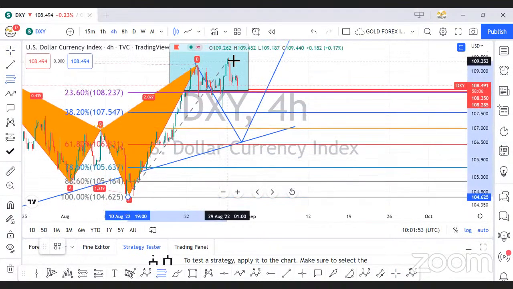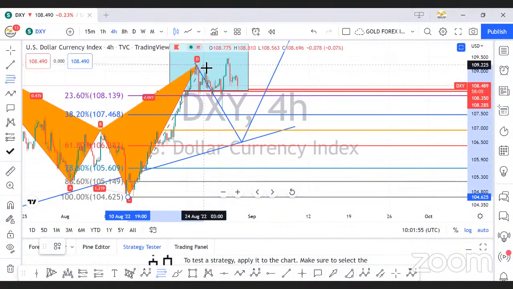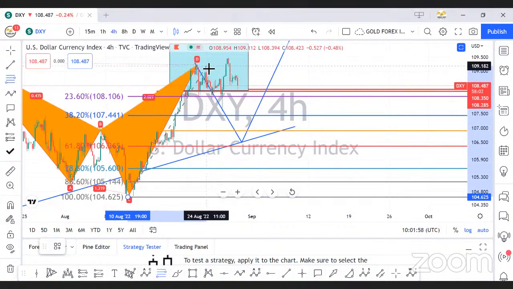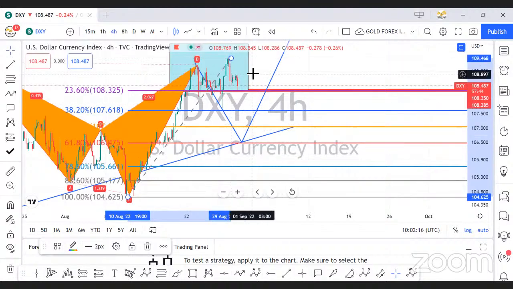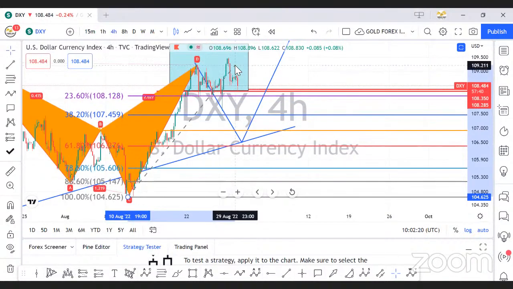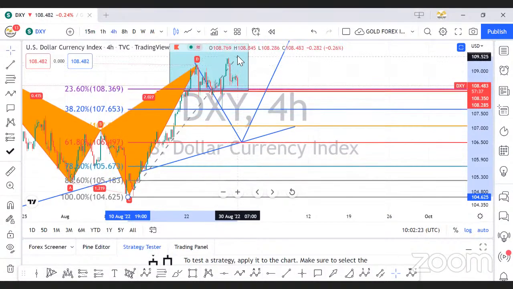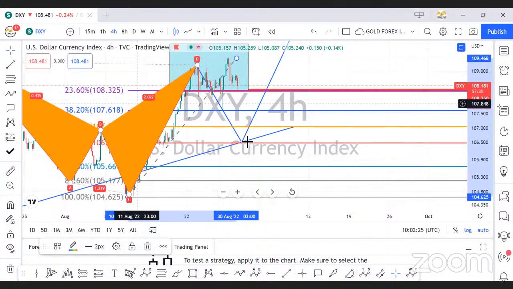So from here to here, we should have at least 38.2.